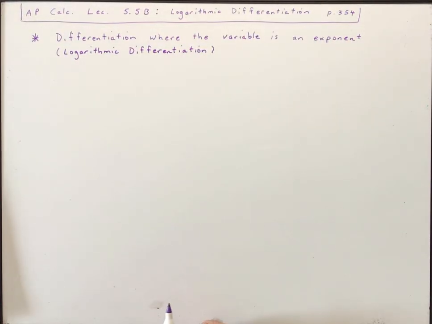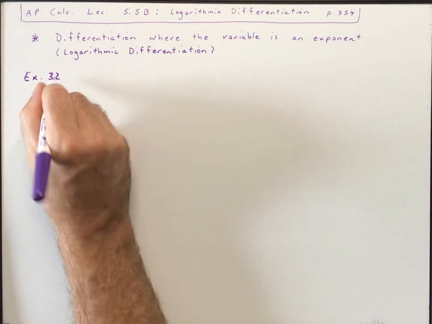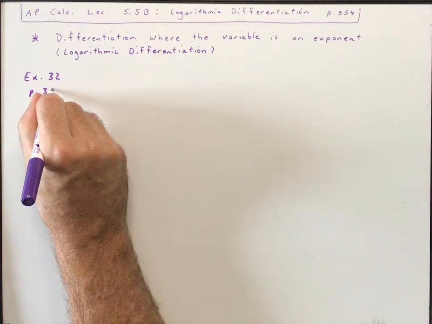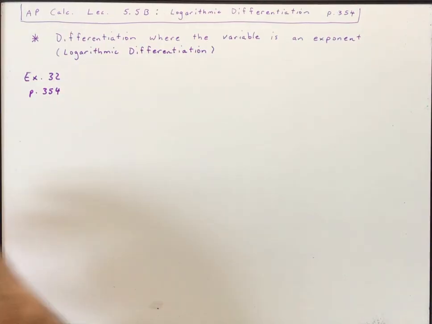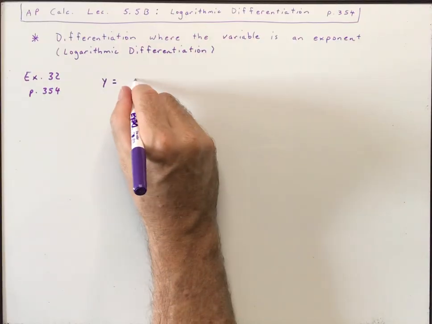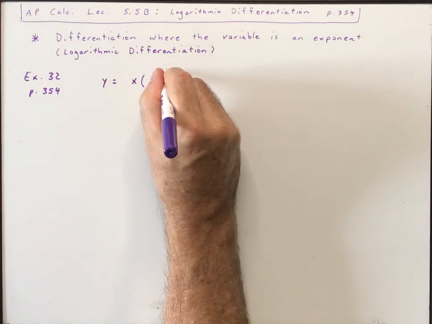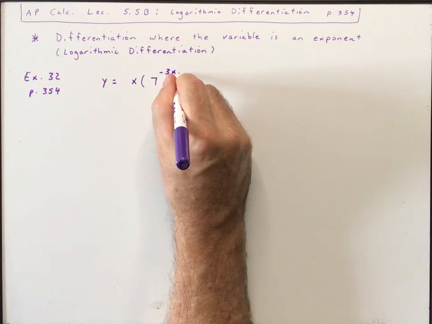So we're going to do number 32. That one we have y is equal to x times 7 to the minus 3x.